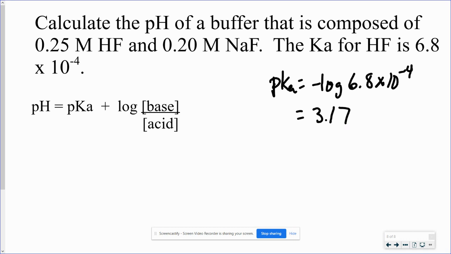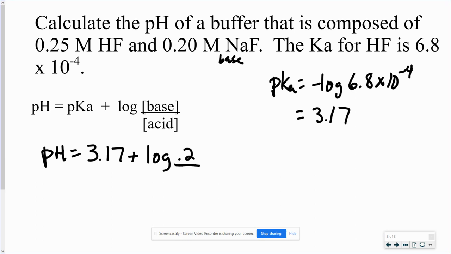Plugging that in, pH equals 3.17 plus the log of, now this is the base, 0.2, and the acid is 0.25.